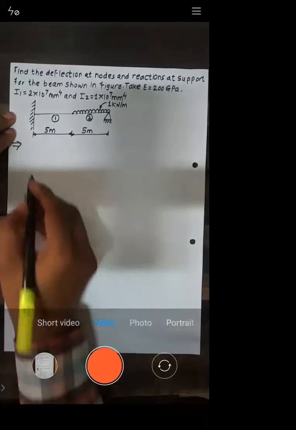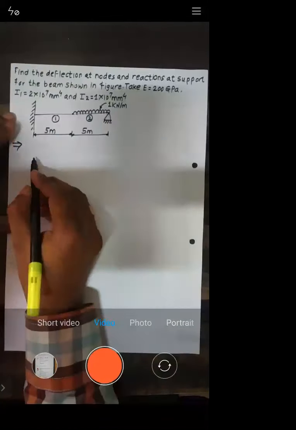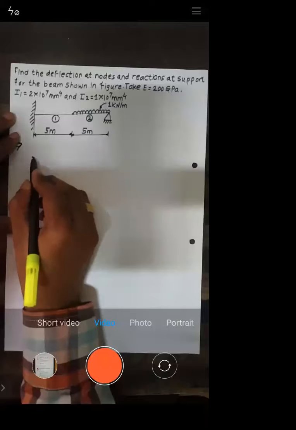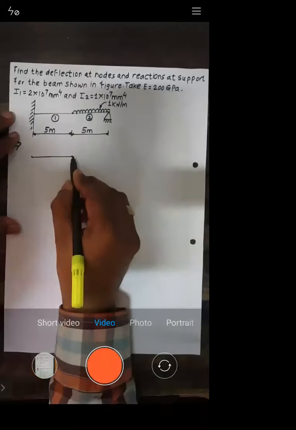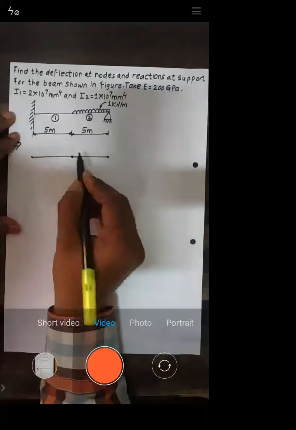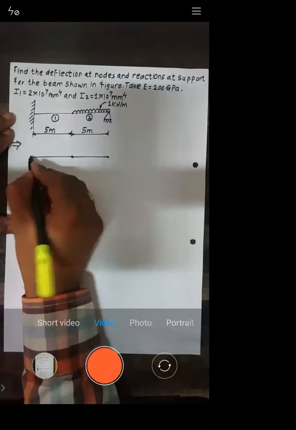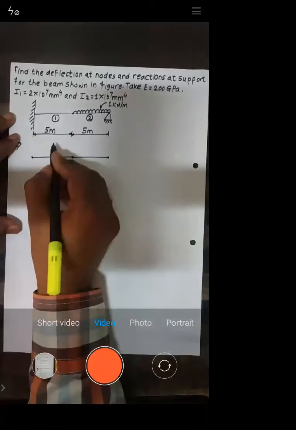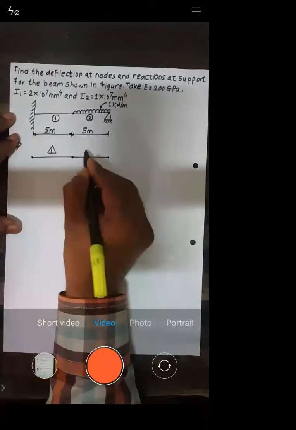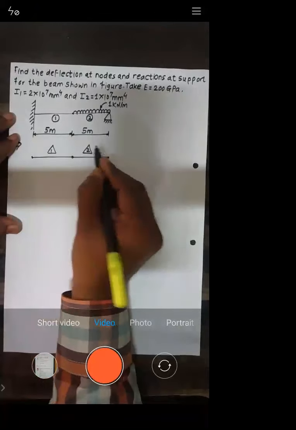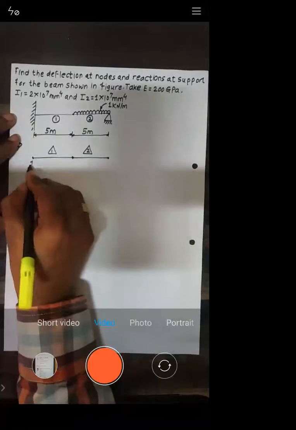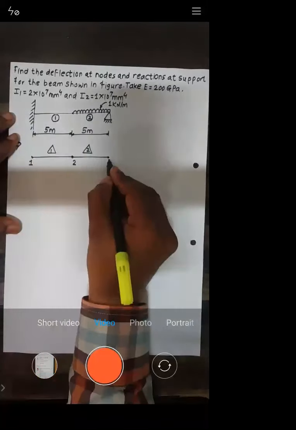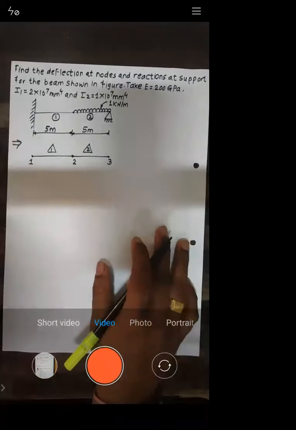Based on the criterion of change in cross section, we will form two elements. Rather, the elements have already been formed. Let me call this element number 1 and this element number 2. This becomes node 1, this becomes node 2, this becomes node 3.